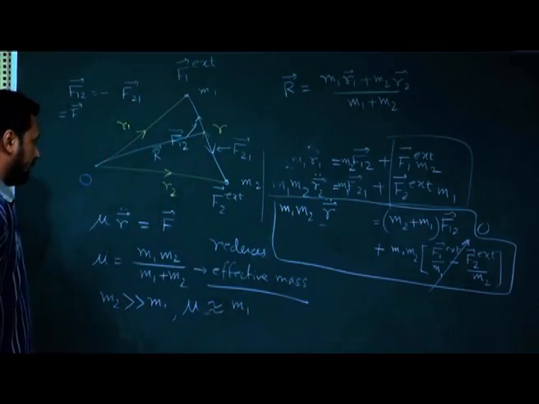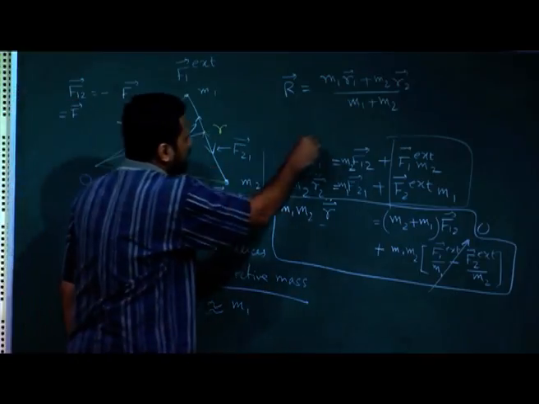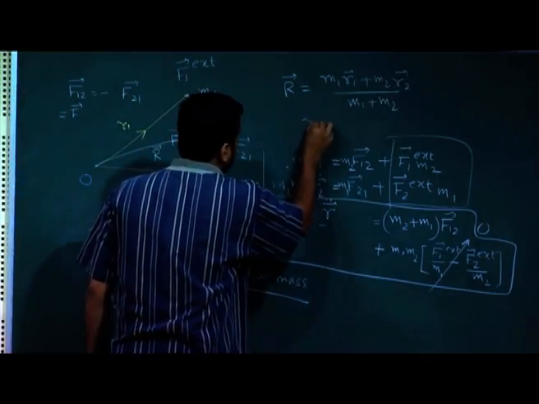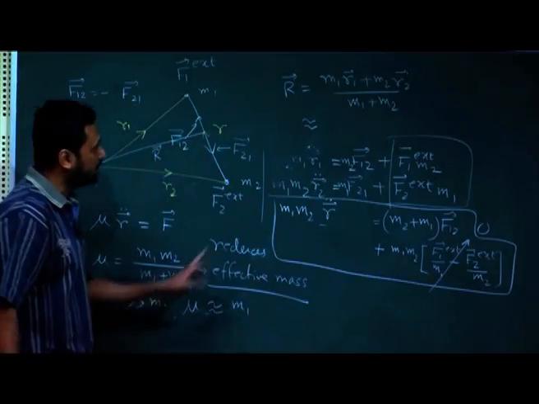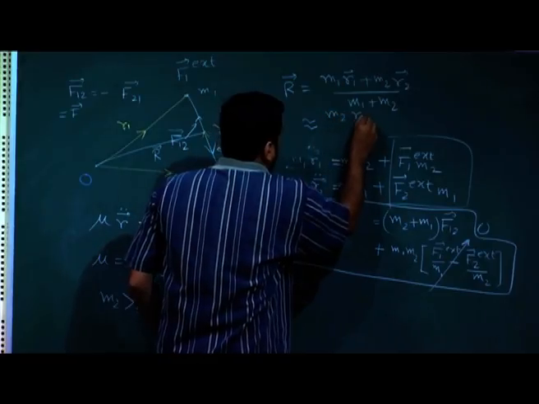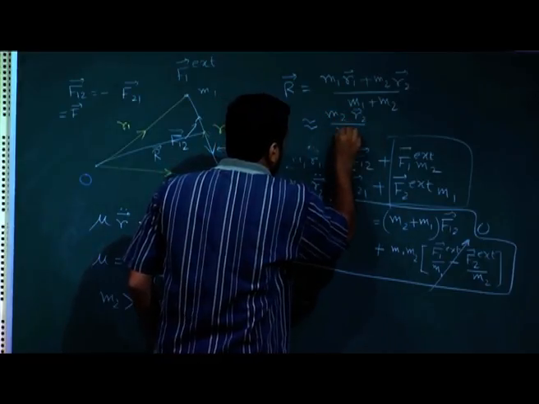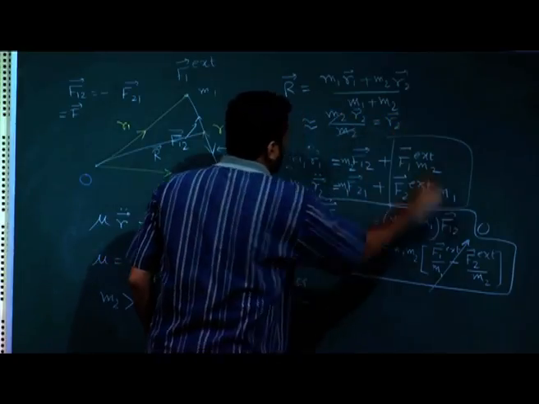In this particular case, mu is almost equal to m1. Now, if we look back into the expression for the center of mass, under the assumption that m2 is a lot greater than m1, the first term will be neglected, and this essentially becomes m2 r2 by m2, which is equal to r2.